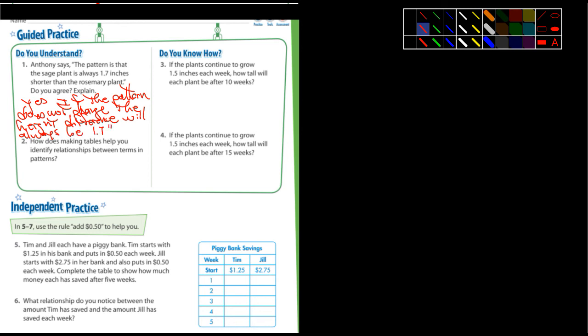Okay. Number 2, how does making tables help you identify the relationships?